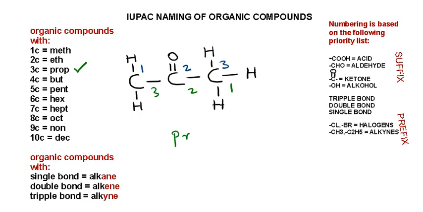So we write prop. Then let's check for the bonds. We have identified single bonds, which belong to the organic compound called alkane. So we take ANE from alkane and add it. It becomes propan.